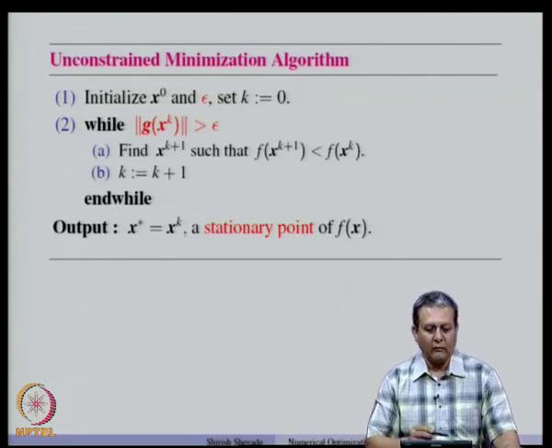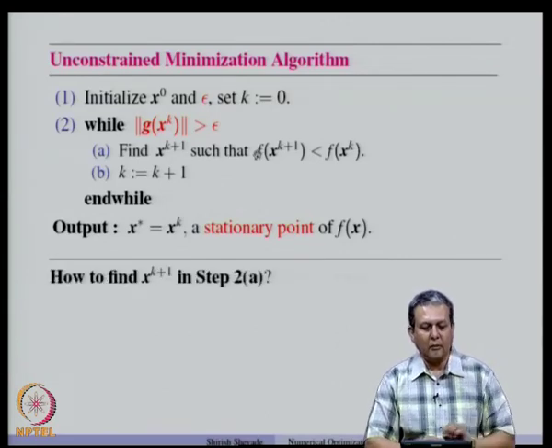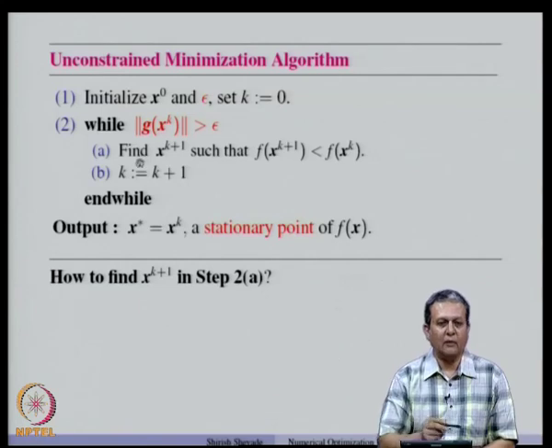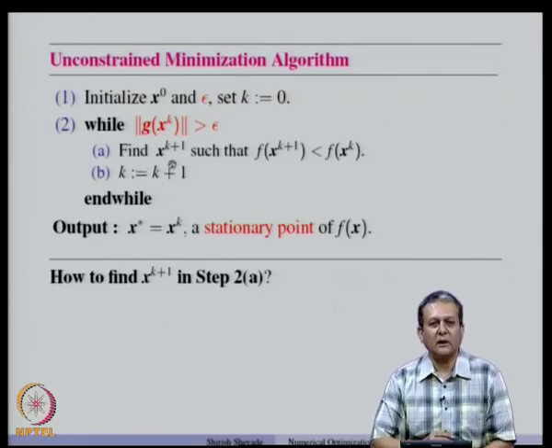Now, we will worry about step 2a of this algorithm. Step 2a says: find xk plus 1 such that f of xk plus 1 is less than f of xk. That means find a new point xk plus 1 where the function value is less than the function value at the current point xk.